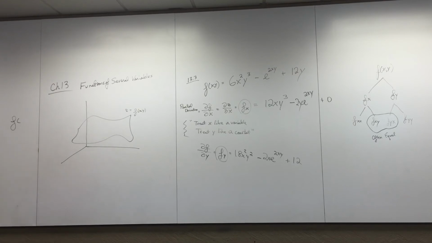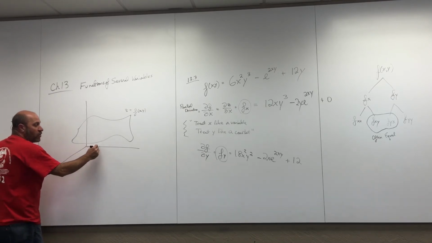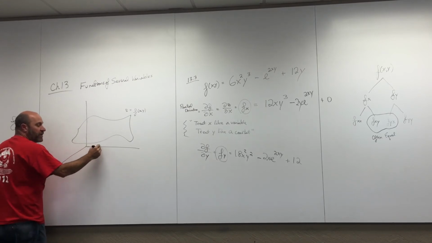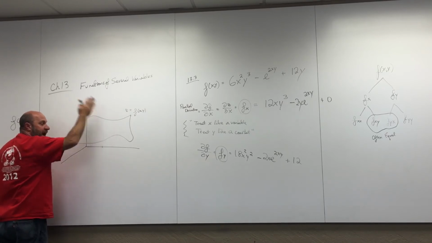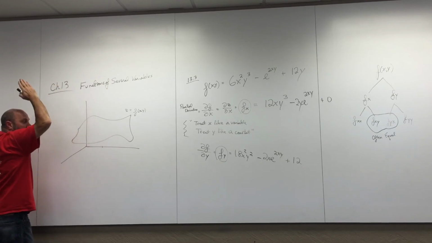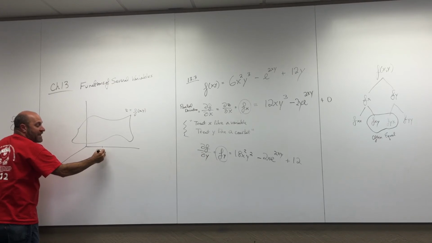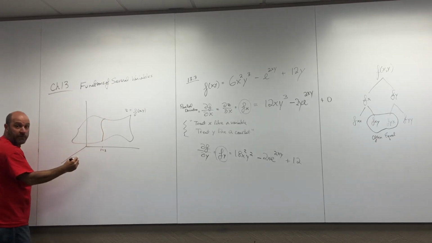Maybe it's infinite. But if I want to take the partial derivative with respect to x, what I do is I hold y constant. Maybe we do this at a point. I take a cross section of it where y equals 3 or something like that, and then the surface becomes a curve.